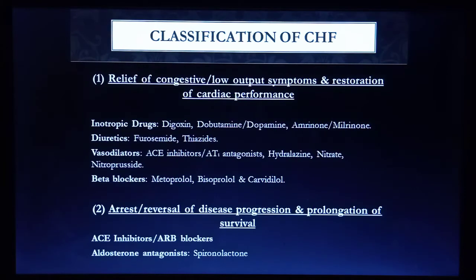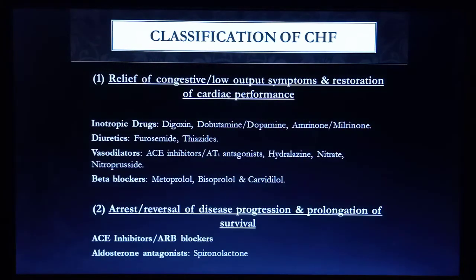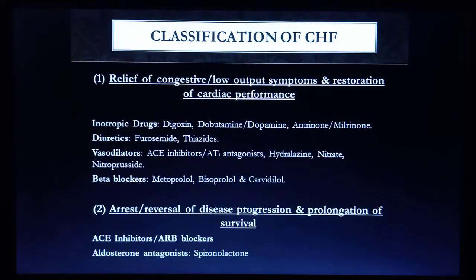Let's see the classification of congestive heart failure drugs. You may find two categories. One is relief of congestive or low output symptoms and restoration of cardiac performance. These drugs reduce the symptoms of congestive heart failure and restore or improve the performance of the heart. Another category is arrest or reversal of disease progression and prolongation of survival.